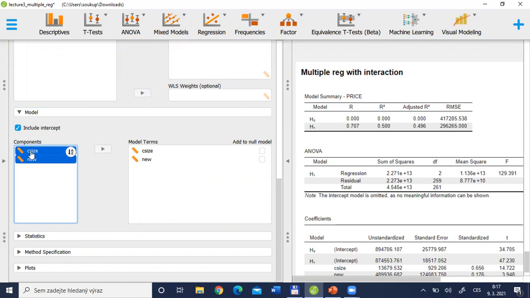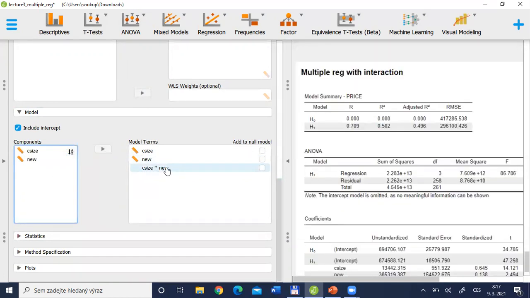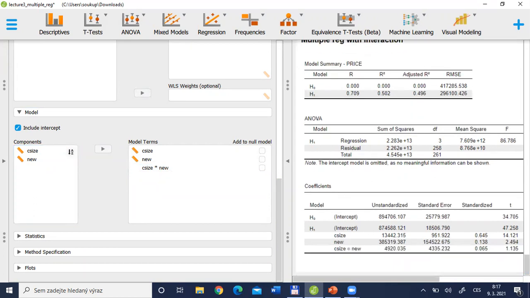And if you move the two variables forward by this arrow, you would create an interaction. So it is the multiplication of these two variables. So here it is. And now let's go to our results.